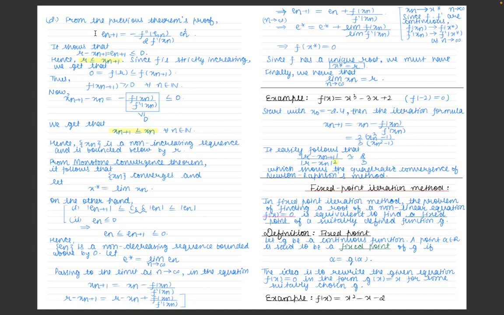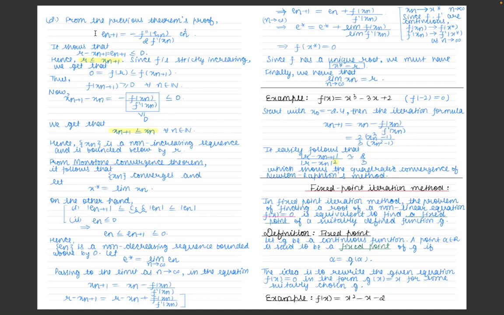What is en? En is actually equal to, so en is negative. So these two imply that en is less than or equal to en plus 1, and we know that this is bounded above by 0, right?